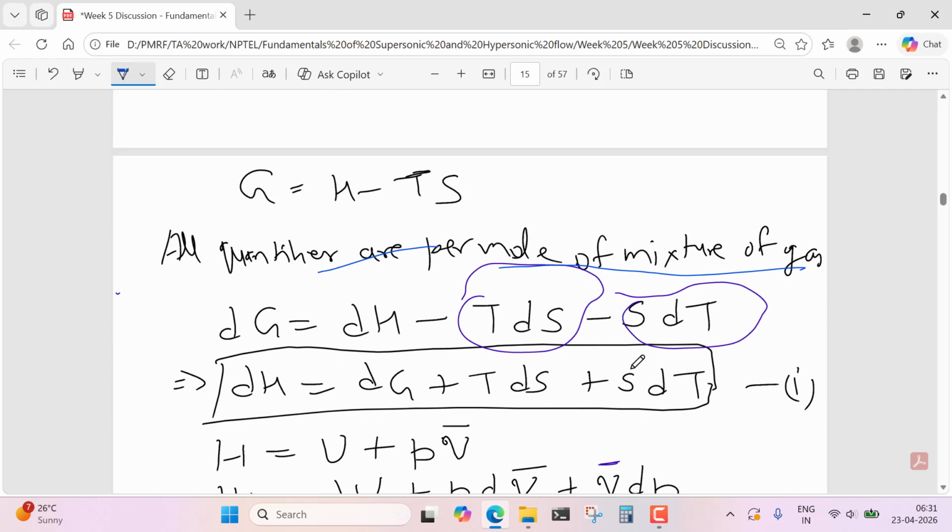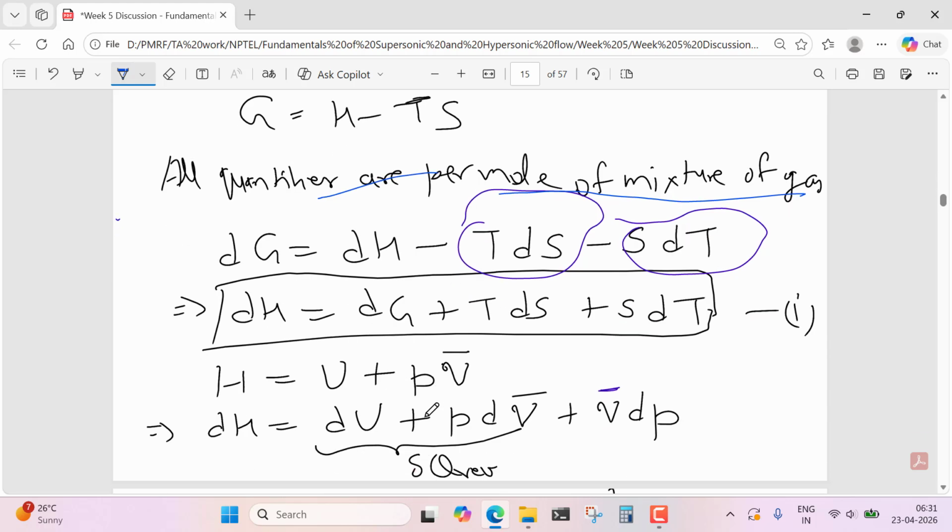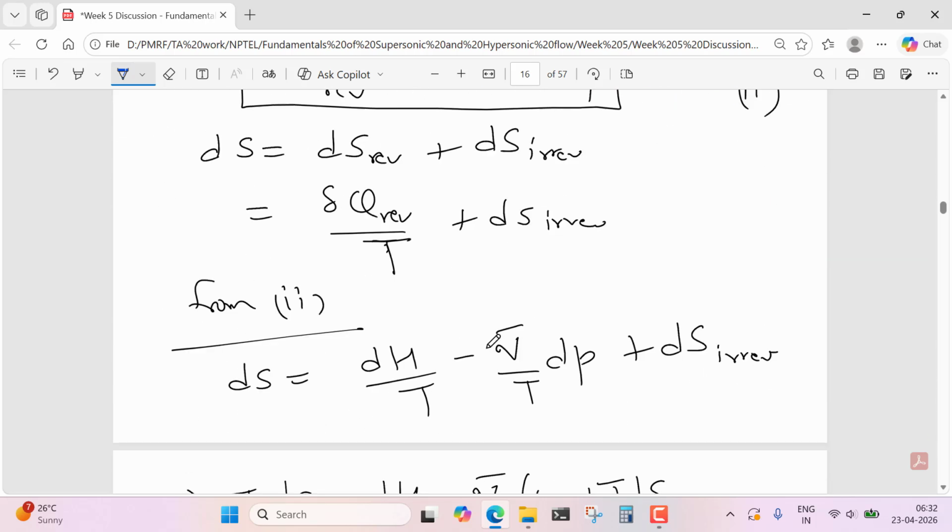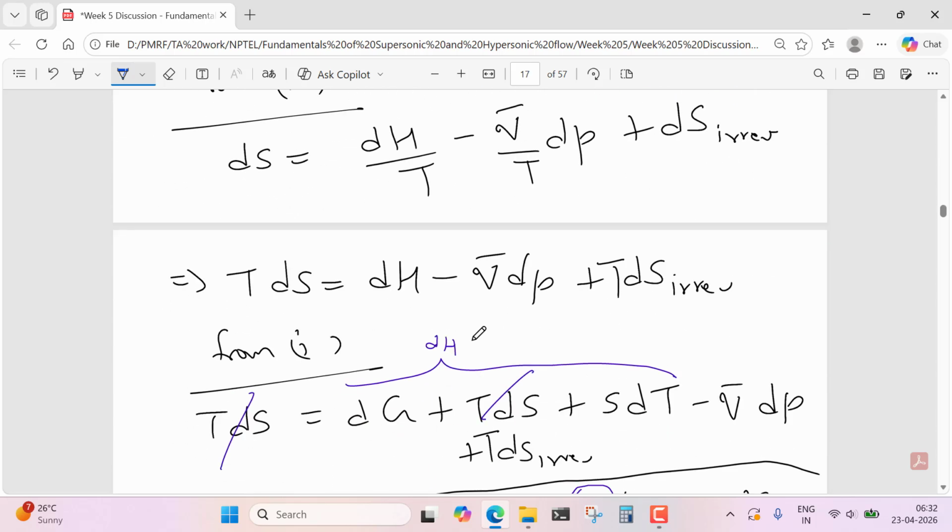Now from the first equation we get the value of dH, which is dH equal to dG plus TdS plus SdT. We substitute this dH in this equation. So we'll get TdS equal to dG plus TdS plus SdT, and other terms are minus Vr dP plus TdS irreversible.